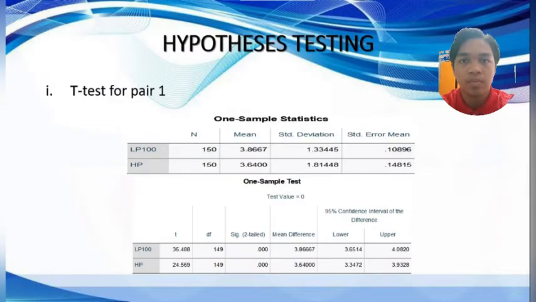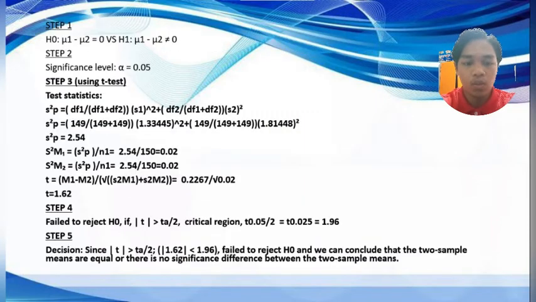Hypothesis testing. First of all, the t-test for pair 1. Pair 1 is LP100 and HP. Step 1, H0 and HA: the treatment means are not the same. Step 2, the significance level is denoted by alpha equal to 0.05. After that, we test the statistic using the t-test.